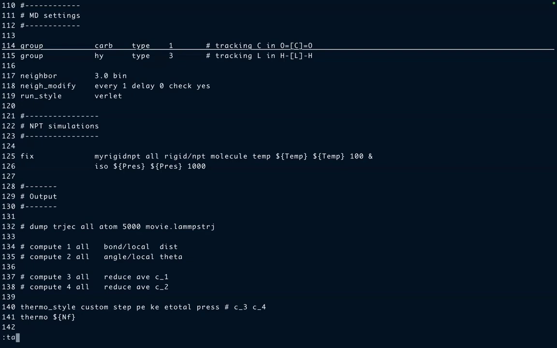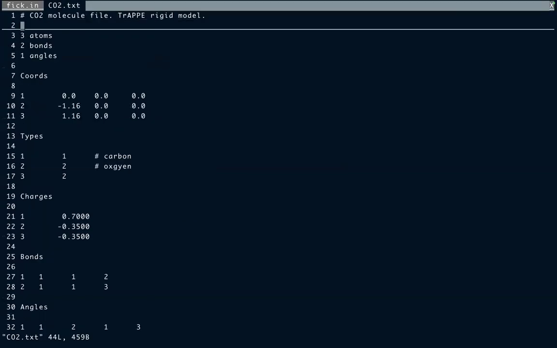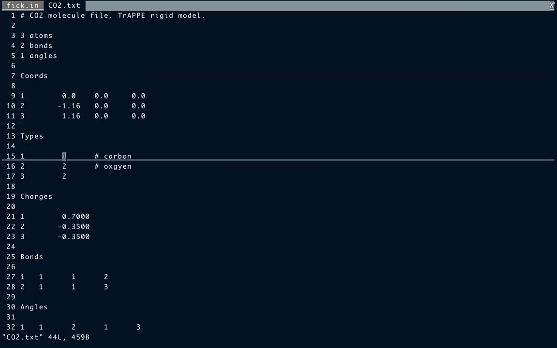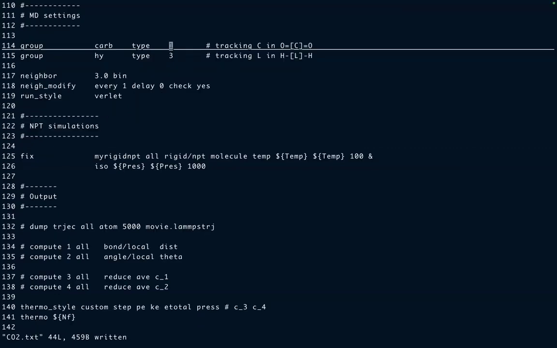So remember that in the CO2.txt, my type 1 corresponds to the carbon atom. So essentially, I'm creating a group where all the carbons within the carbon dioxide molecule are accumulated.